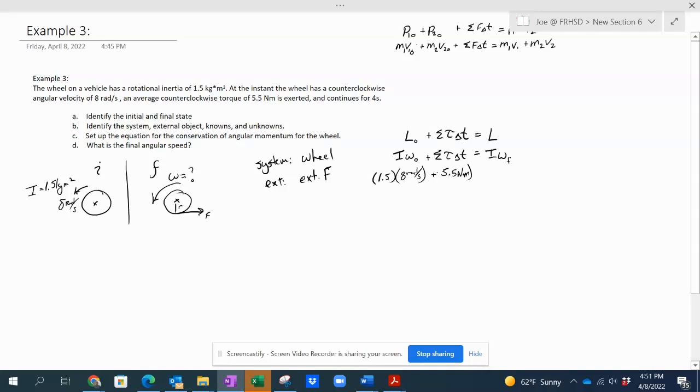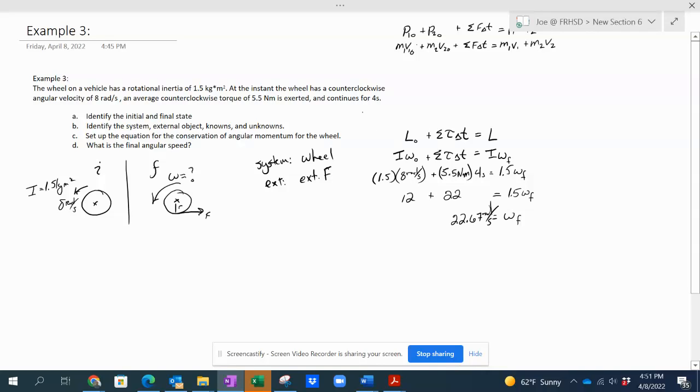So they were kind enough to give us that torque times 4 seconds, and that will equal 1.5 times the final angular speed. So here we have 12 plus 22 is equal to 1.5 times the final angular speed. We calculate the final angular speed, and we find out that the final angular velocity is 22.67 radians per second.